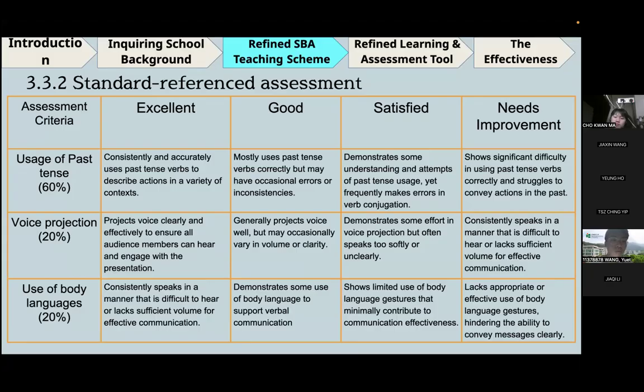For example, in order to attain the level of excellence, it is necessary for students to showcase very good consistency and accuracy in using past tense. And we also value voice projection and the use of body language because we would like to help our students develop a very well-rounded speaking ability and be able to apply English in a productive way.